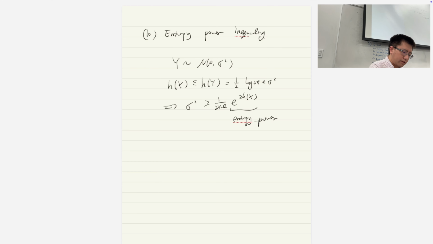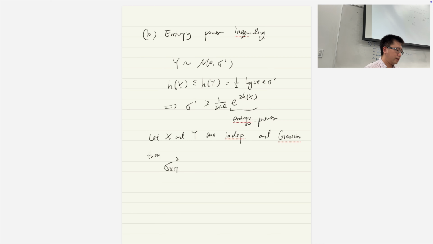Okay, so now we let x and y be independent, okay, and Gaussian. Okay, and then, so what we have here is that, let's consider the sigma of x plus y. Okay, so now we have a new random variable, that is x plus y.